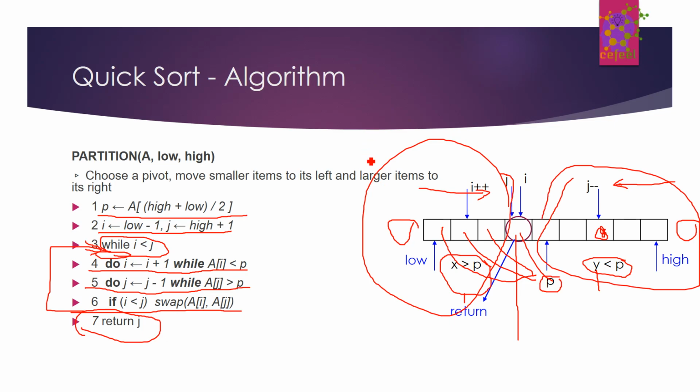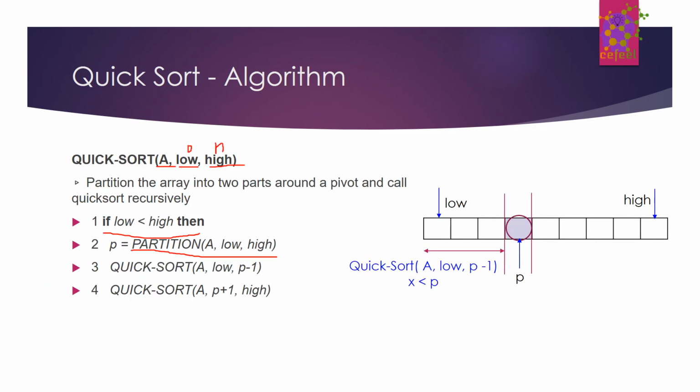So we just return that value J. I'll go one slide back: that value is now returned here as the partition P, the pivot P, and then we sort the left side and the right side of the array, and keep doing that.